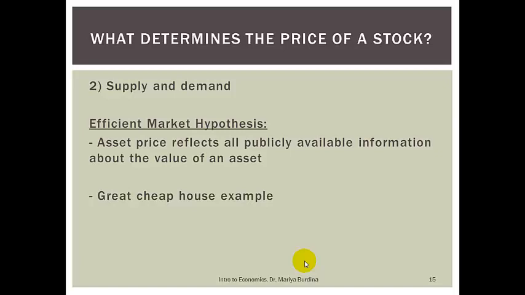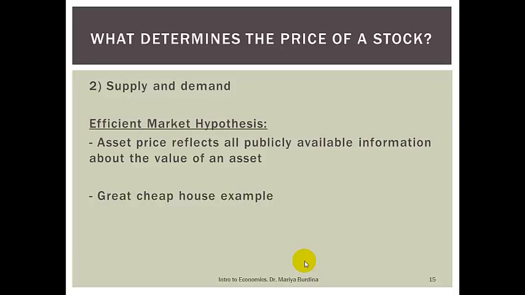In your book, you saw the cheap house example. If your realtor is trying to tell you about a certain house that is very much undervalued, that is going to increase in price within a year, you're going to start thinking, well, if that house is that great, why is the realtor not purchasing that house himself?